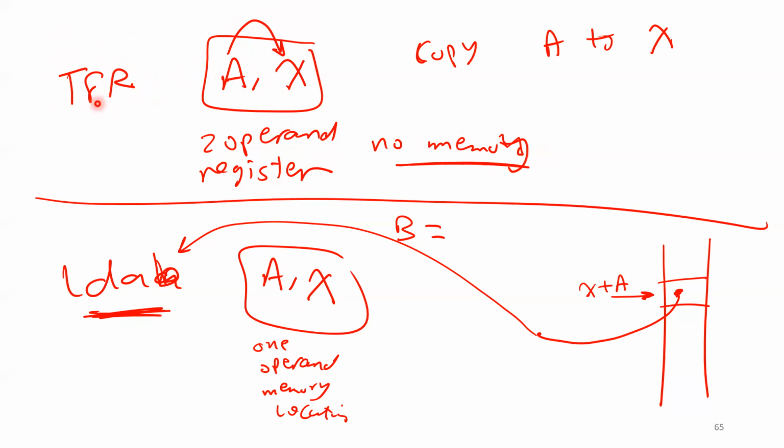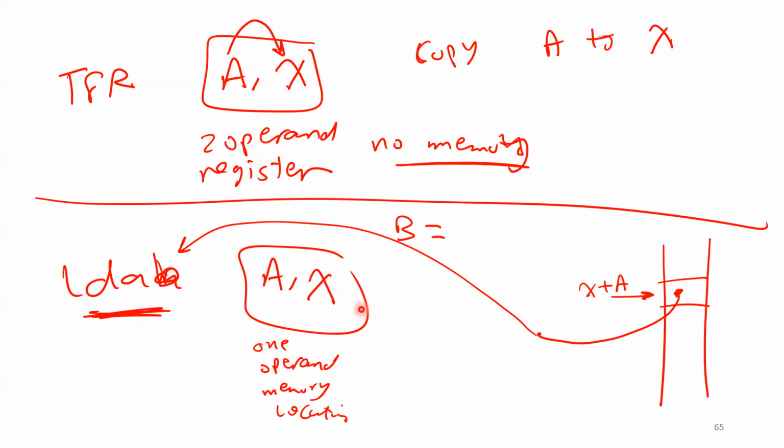However, if I say load register B, A comma X, look here, this one is A comma X. This one also is A comma X, but they are completely different. This one, these are two register operands. You copy register to register. This one is a memory location, one of the formats of a memory location. So actually here, you are going to copy a byte from a memory location and put it in register B.